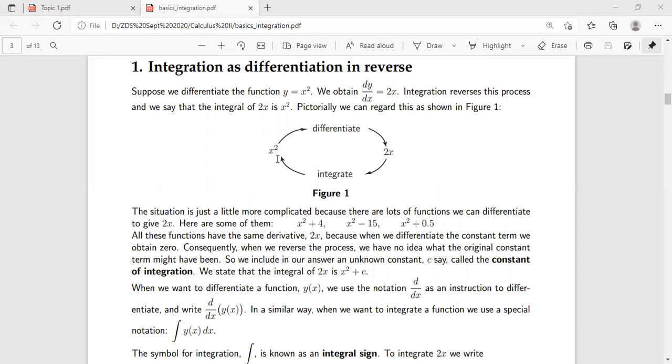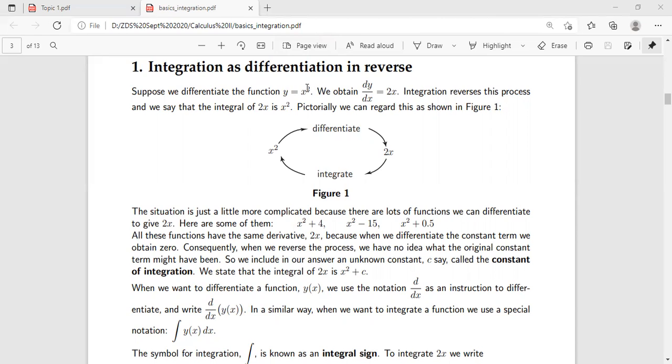Let's start by differentiation. If we were to differentiate our function, which is x squared, we are going to get 2x. So by differentiation, we normally multiply by the power and deduct 1 from the power.